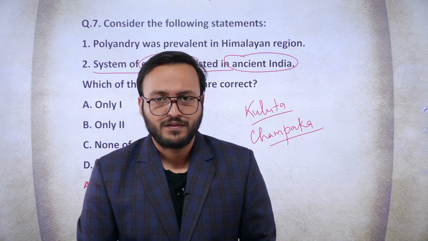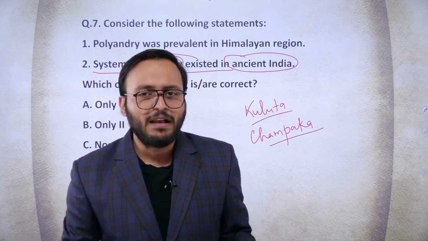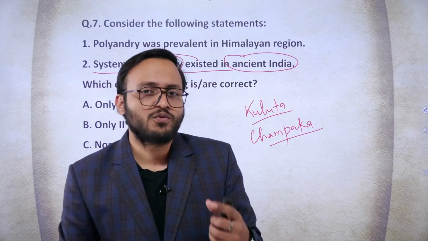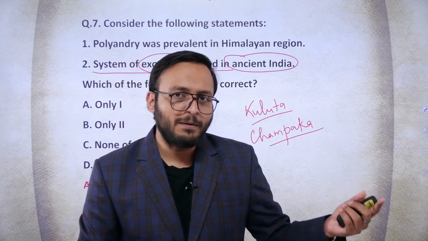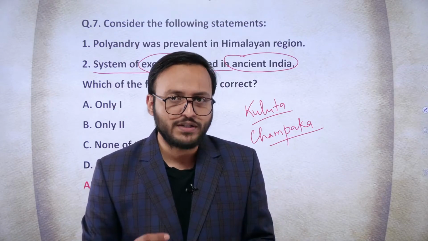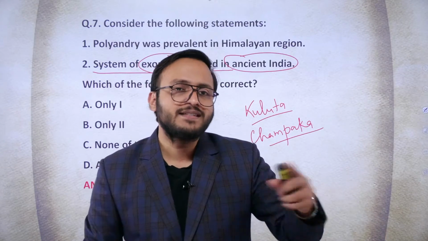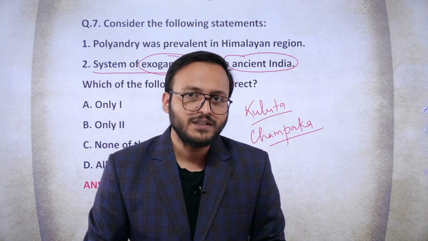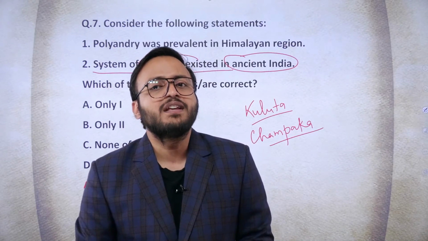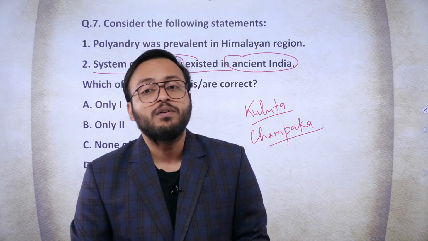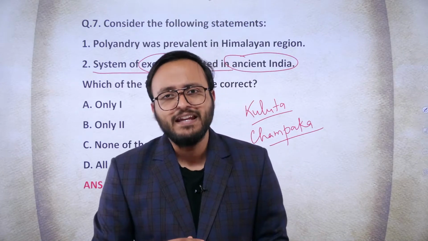Most of the marriages used to take place in similar social circles, even if it was beyond a particular varna, inter-varna marriages used to take place, of course, but still the society was the same. Exogamy was not usually favored, right? So therefore the right answer will be option number A here.